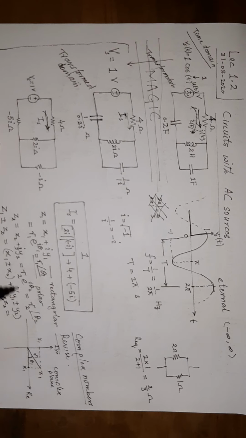Addition and subtraction is easily done in the rectangular form, and multiplication and division is more easily done in the polar form. So Z1 multiplied by Z2 is R1 multiplied by R2. And if Z1 divided by Z2 is done, then R1 divided by R2 is being done. And the angle, if multiplication is done, the angles are added. And if division is done, the angles are subtracted.